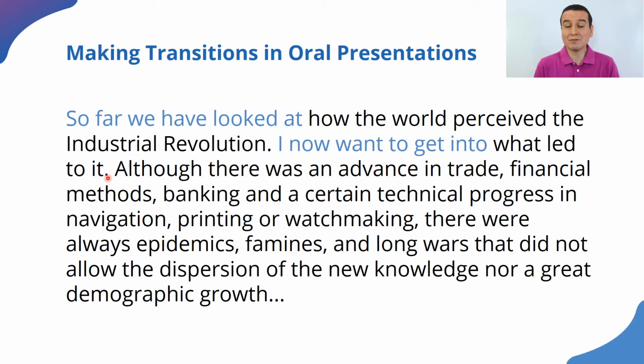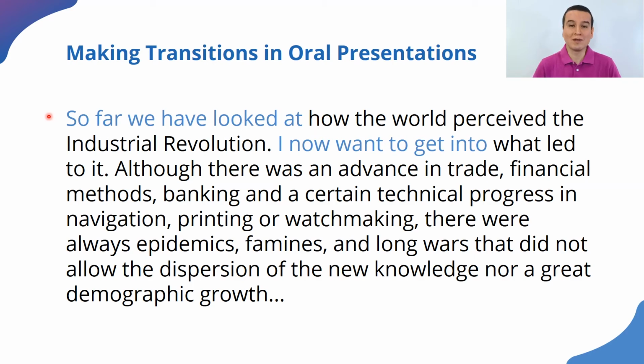But since we have some more content in the outline that I gave you, we could say something like, although there was an advance in trade, financial methods, banking, and a certain technical progress in navigation, printing, and watchmaking, there were always epidemics, famines, and long wars that did not allow the dispersion of the new knowledge nor a great demographic growth, etc., etc. That is just one way of expanding that content, but what is important in this exercise is that you transition from one topic to the next, okay?